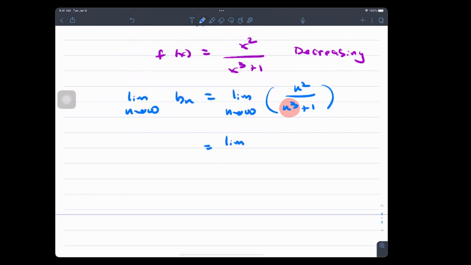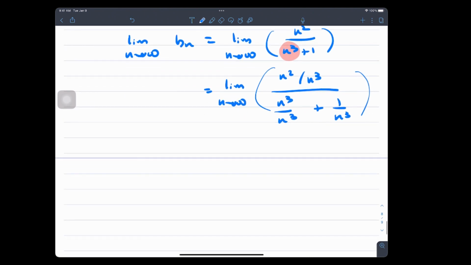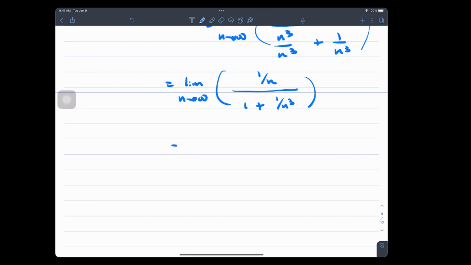So now you get the limit of n squared over n cubed over n cubed over n cubed, 1 over n cubed. Zero over 1 plus 0, which is 0 over 1, which is now 0.